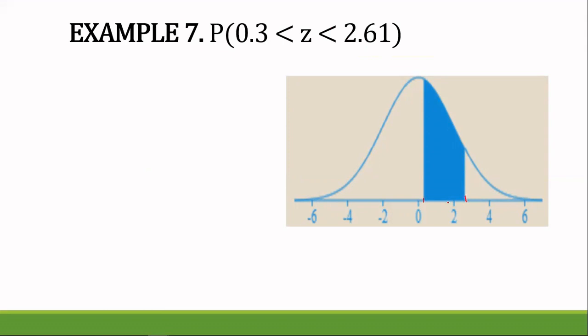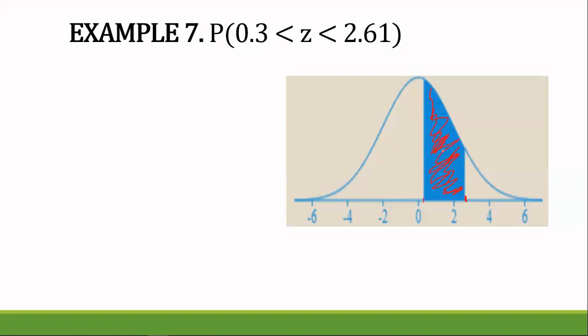Okay? Ayan. So sabi, Z is greater than 0.3. Okay, so ito kung andito yung 0.3, ito yung area niya. And then sabi dito, ang Z is less than 2.61. If this is 2.61, ito yung area niya. So ayan, nag-combine, no, yung shaded region nila.